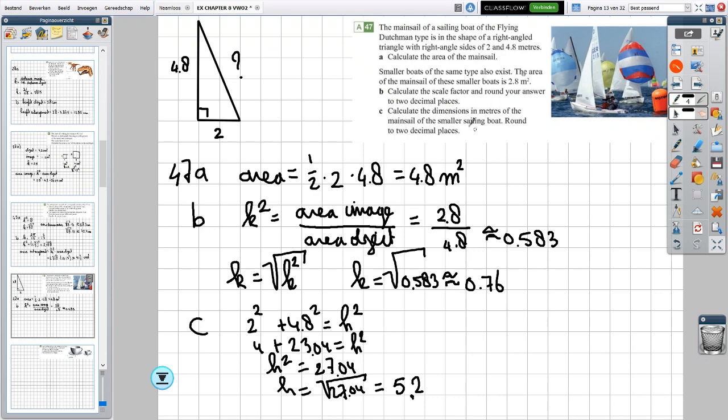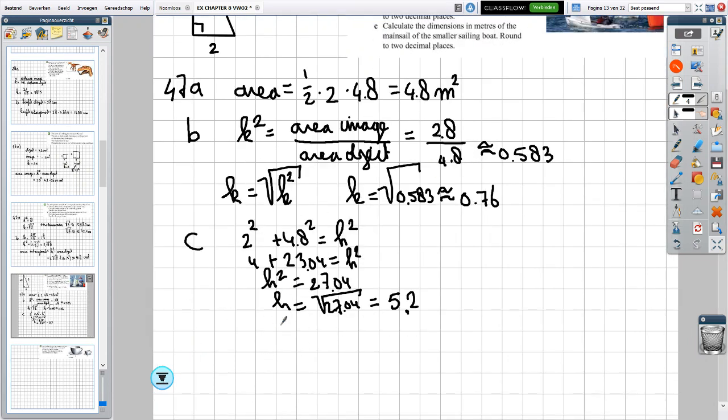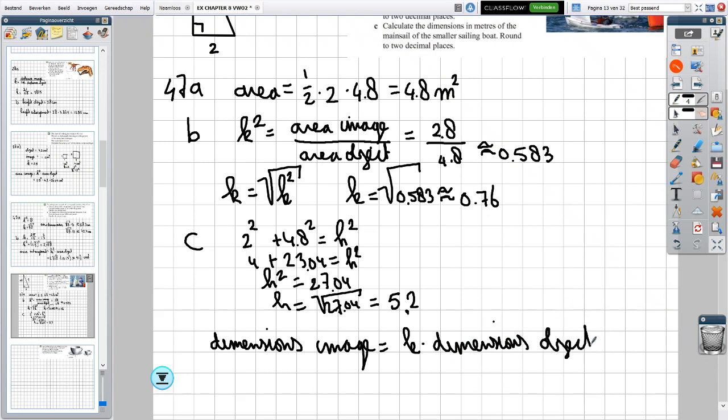Now what are the dimensions? Well, for dimensions I use the scale factor and multiply it by the dimensions of the object. So now, just to show you what we're doing, dimensions of the image, the new thing, is k times the dimensions of the object, what I started with.